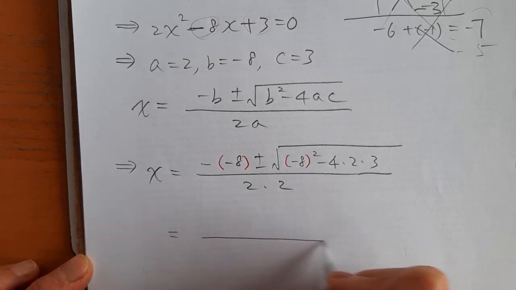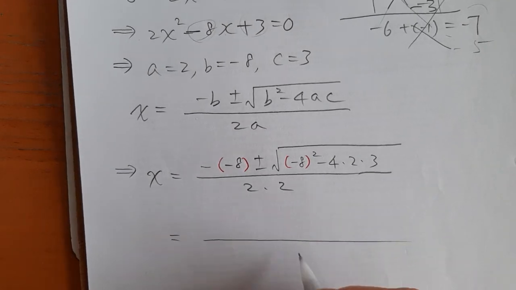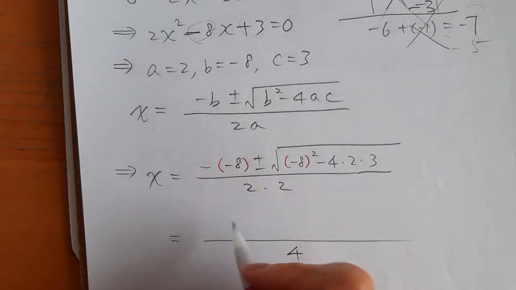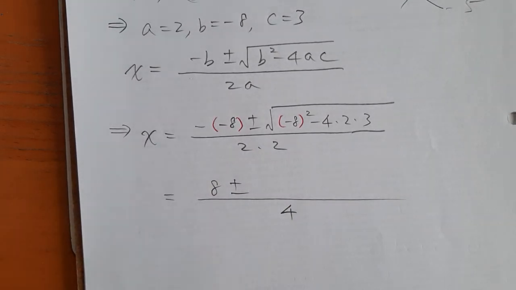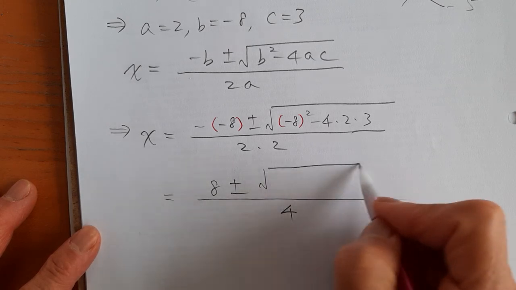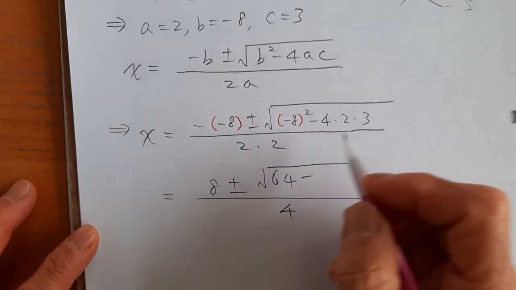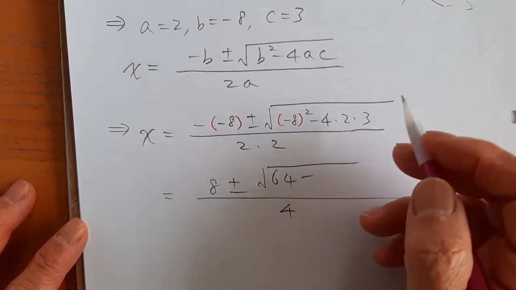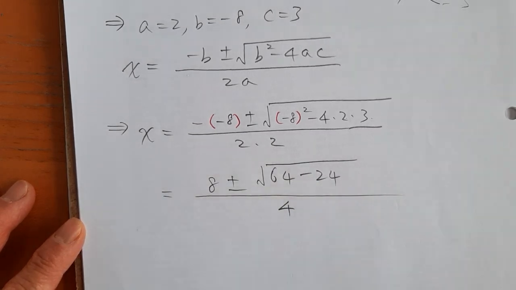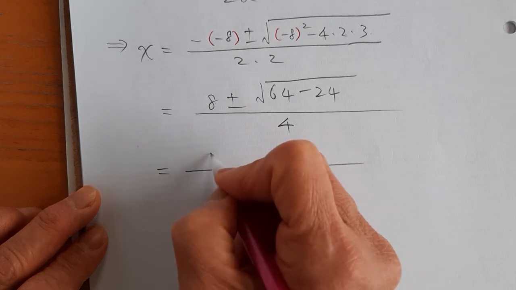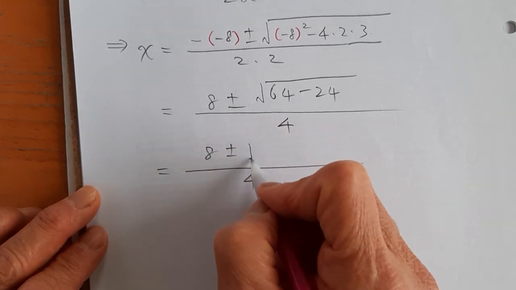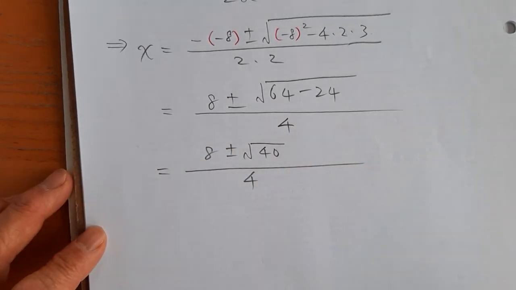So then equals, 2 times 2 is 4, and negative 8 is positive 8, plus minus square root of negative 8 squared is 64, minus 4 times 2 times 3 is 24. Then simplify. So get 8 plus minus square root of 40, over 4.